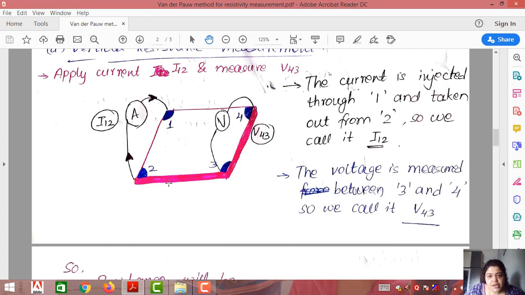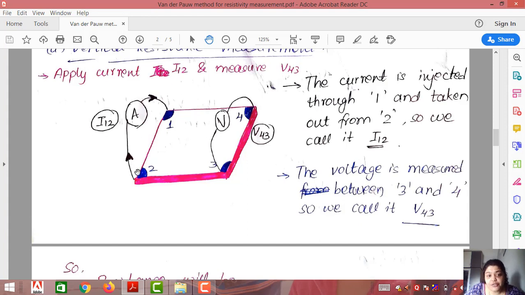Once this measurement is done, the current is reversed. Currently we have current injected in 1 and taken out from 2. When you reverse, the current will be injected from contact 2 and taken out from contact 1. In that case, we will be writing the voltage as V34.